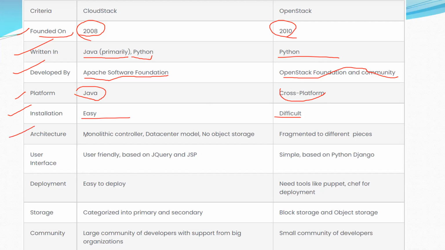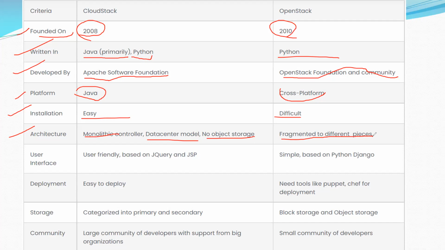Architecture: CloudStack has a monolithic controller, data center model, no object storage. But OpenStack is fragmented into different pieces, like we are maintaining the objects, we are maintaining the images, then for networking purposes again a separate block is there.